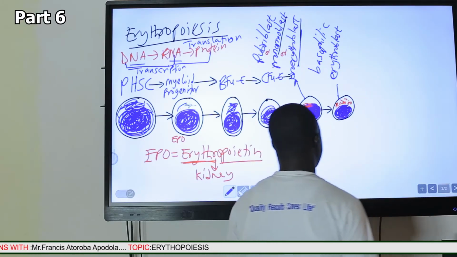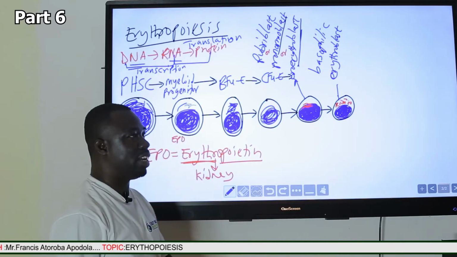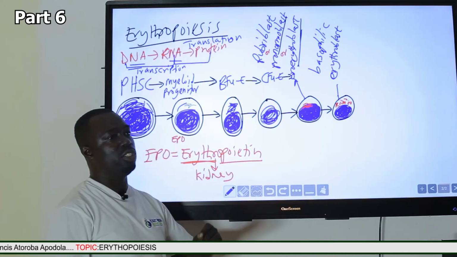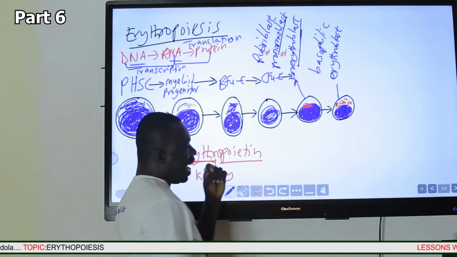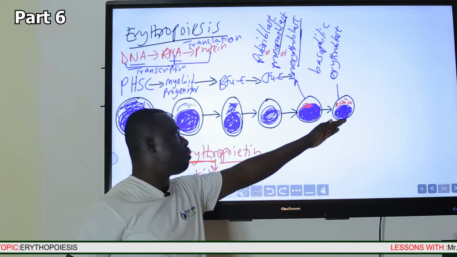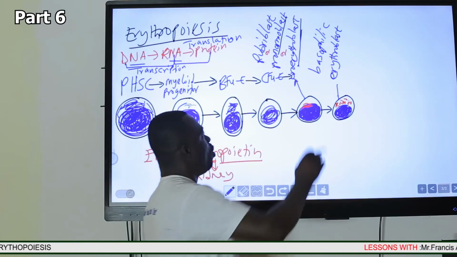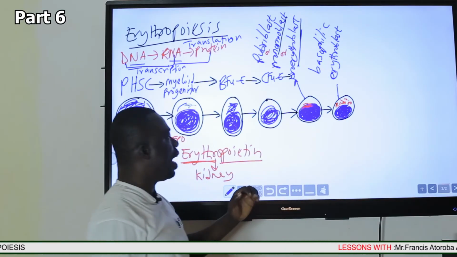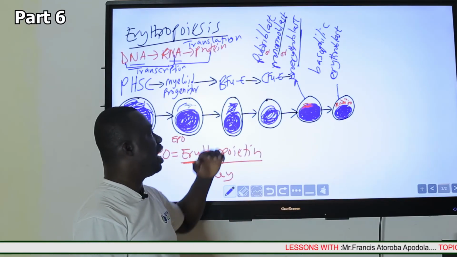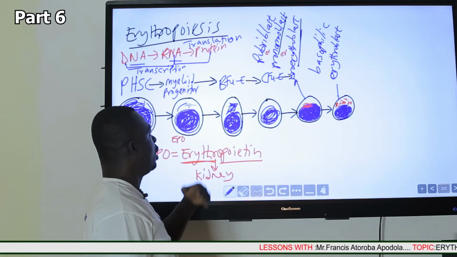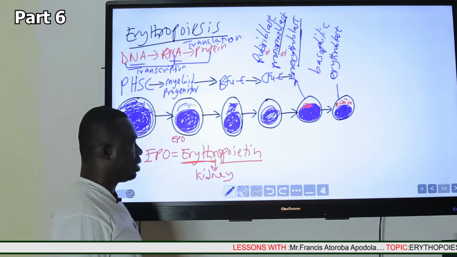And the basophilic erythroblast in the rubri nomenclature is still called the rubriblast. So this is actually the early, the first erythroblast. And therefore, the basophilic erythroblast is also called the early normoblast, early erythroblast, or the rubriblast.